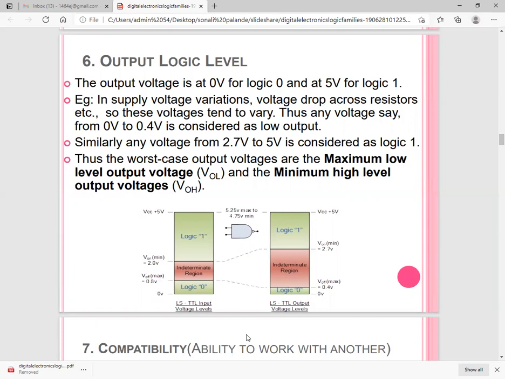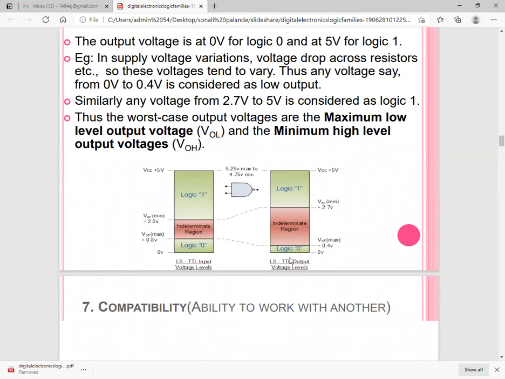Thus, any voltage say from 0 volt to 0.4 volt is considered as low output. Similarly, any voltage from 2.7 volt to 5 volt is considered as logic 1. Thus, the worst case output voltages are the maximum low level output voltage, that is VOL, and the minimum high level output voltage, that is VOH, and this is the diagram of the output logic level.